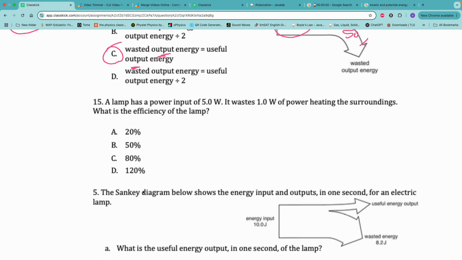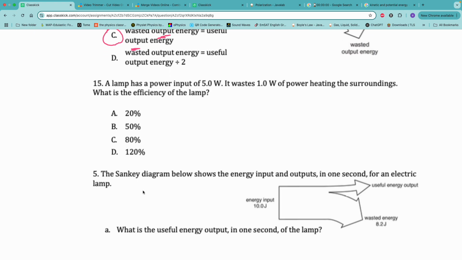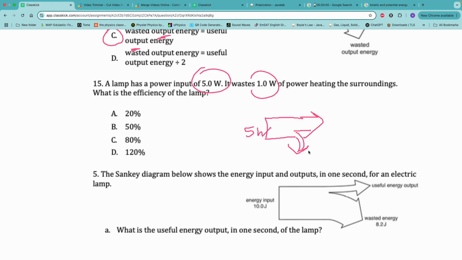Going to question 15. A lamp has a power input of 5 watt. It wastes 1 watt. So again, if we need just to draw it to visualize the situation, the total is 5 watt. 1 watt is wasted.